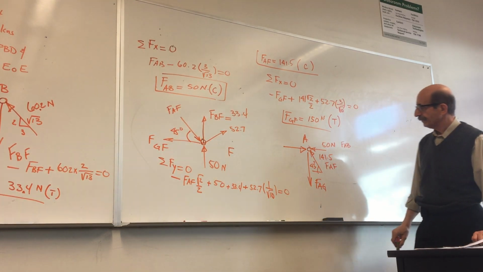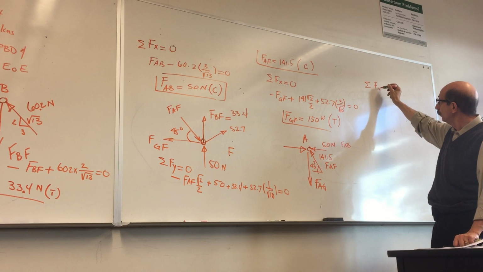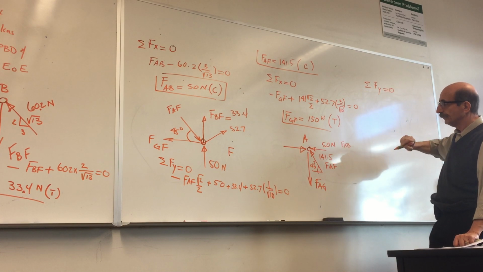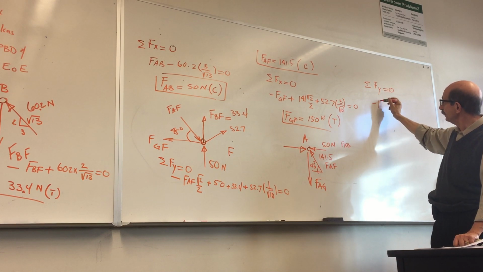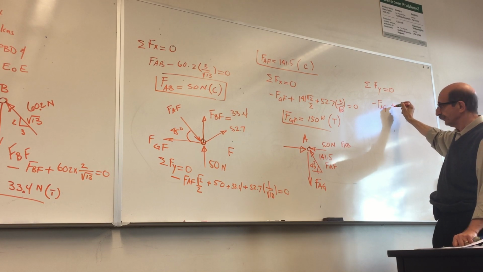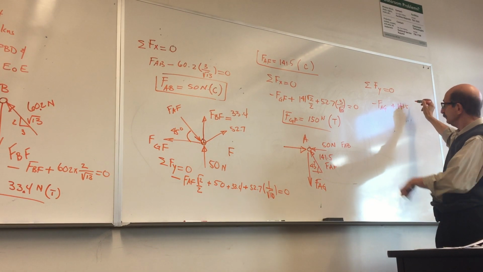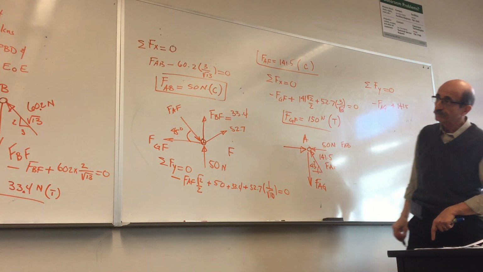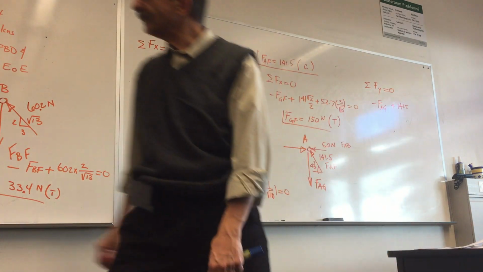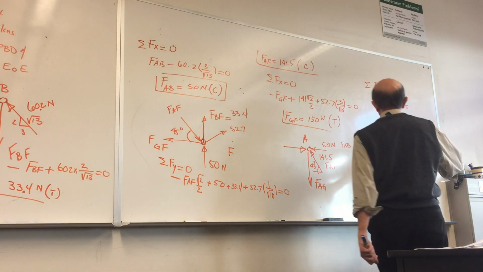Okay? So just write summation of forces along Y is equal to 0. So you have negative FAG plus 141.5 times, let me make sure, okay, that's actually square root 2 over 2, right?